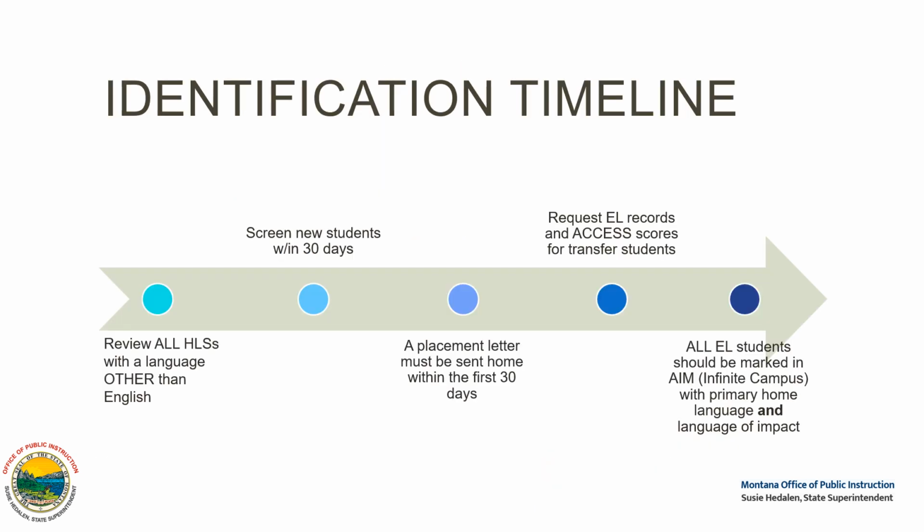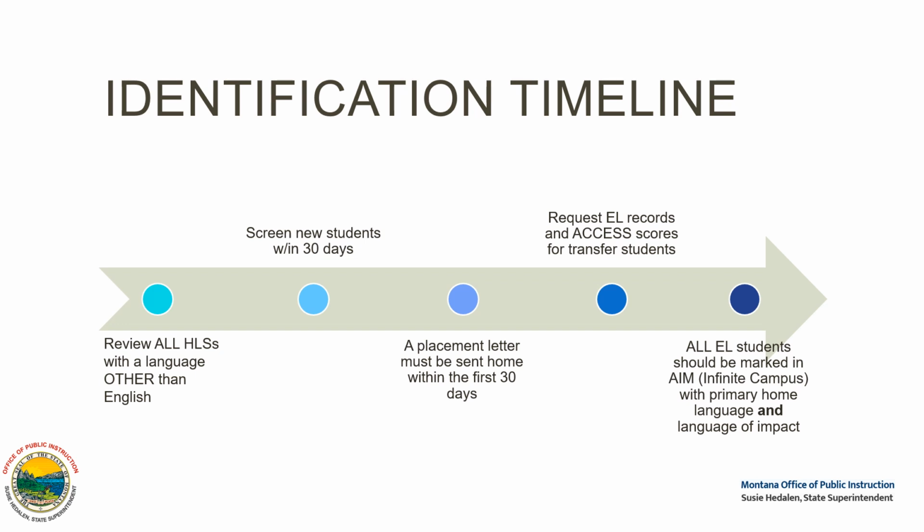This is the identification timeline. So the first step is reviewing all home language surveys with a language other than English marked on any of the questions. Those will be the ones that you review. Any of the students that need to be screened, if you have to call parents, ask for more information. Any students that need to be screened, it has to be done within 30 days.